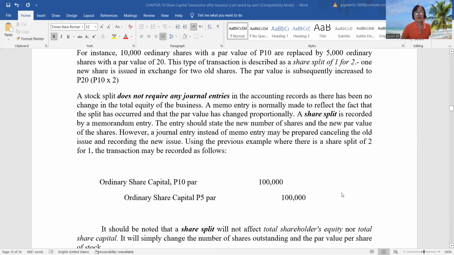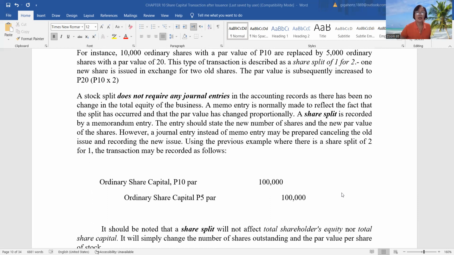Ordinary share capital 10 par, 100,000 debit. Di ba ang normal entry, ang normal balance niyan ay credit. To erase that 10 peso par value share, we have to debit it.